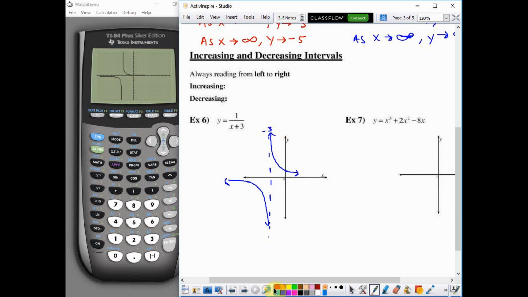And we're talking about increasing and decreasing intervals. When we do that, we always read this graph from left to right. When the graph is increasing, that's when it has a positive slope. When it's decreasing is when it has a negative slope.